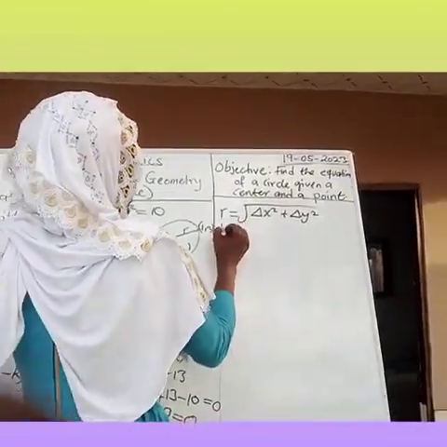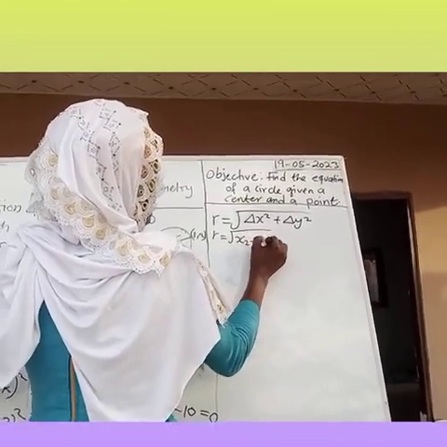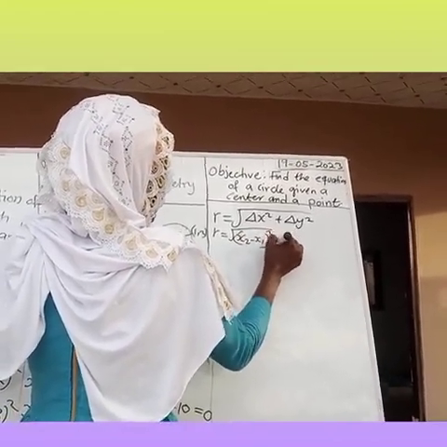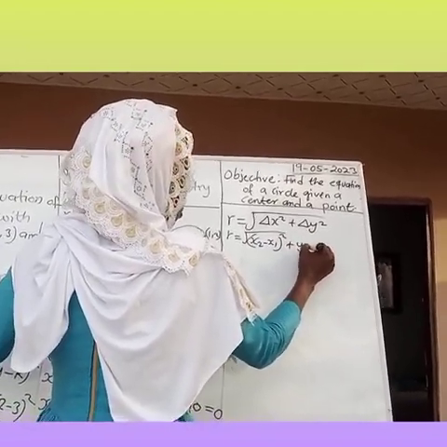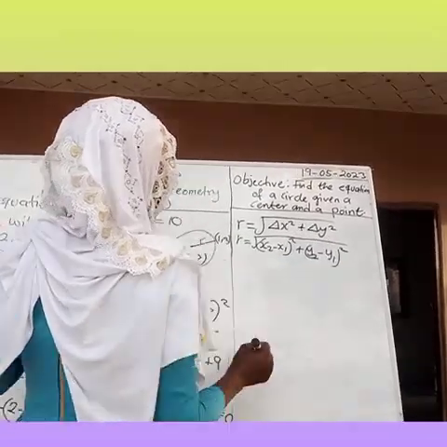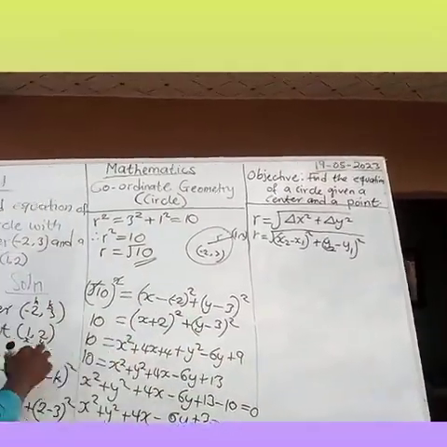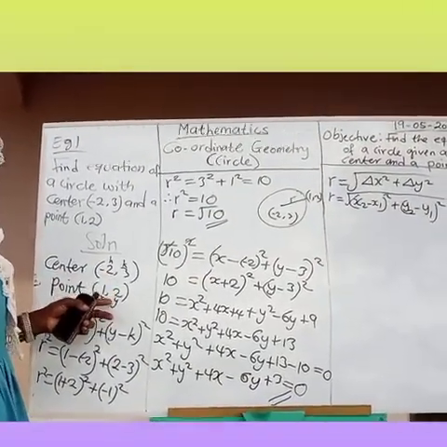So r is equal to the root of (x2 minus x1) squared plus (y2 minus y1) squared, and here we use the center and the point as the coordinates.